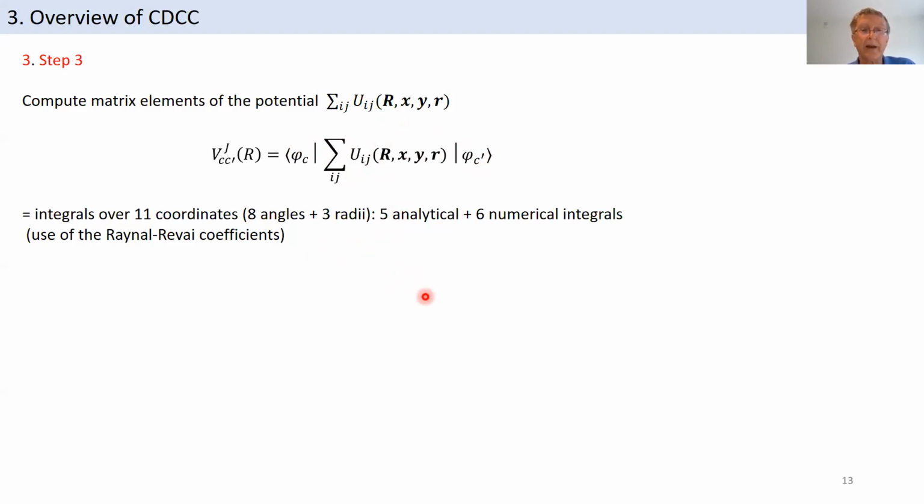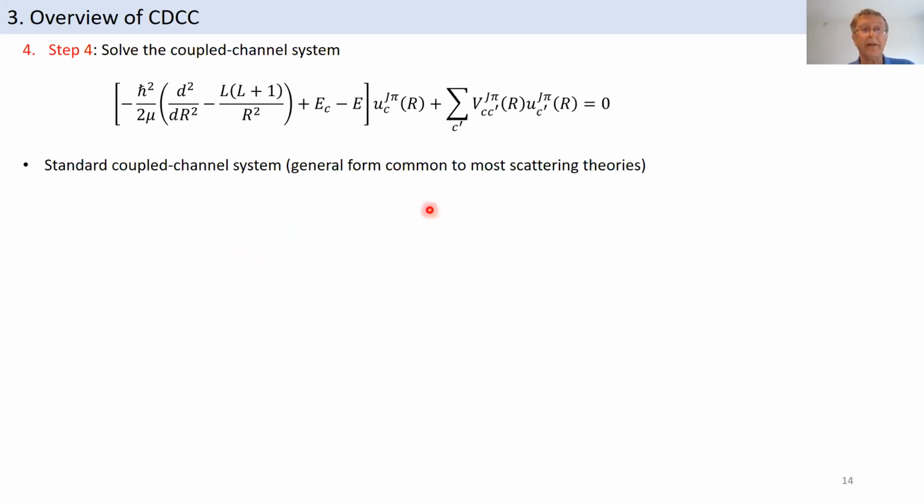There are numerical integrals and analytical integrals. And also, for those who are familiar with hyperspherical coordinates, I also use the Raynal-Revai coefficients to speed up the calculations. And then you end up with a standard coupled channel system, which is written here.